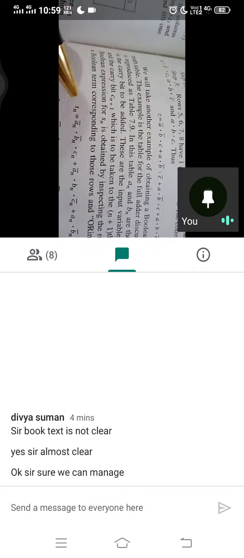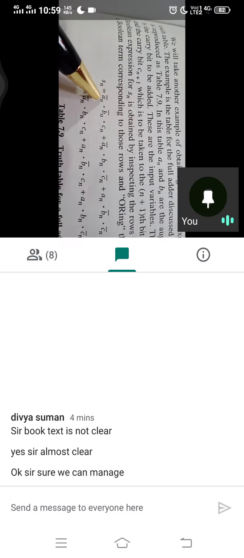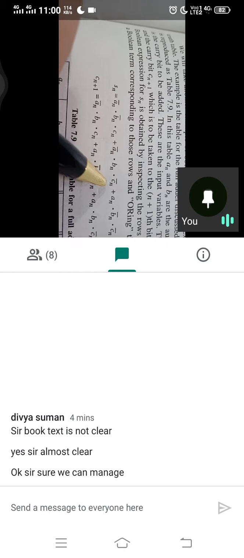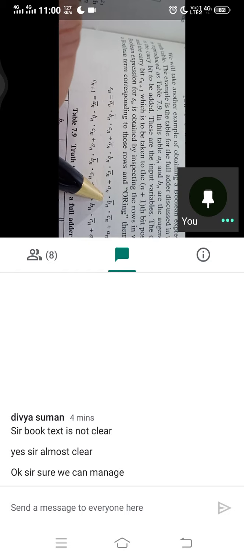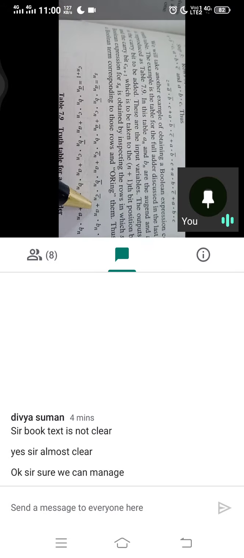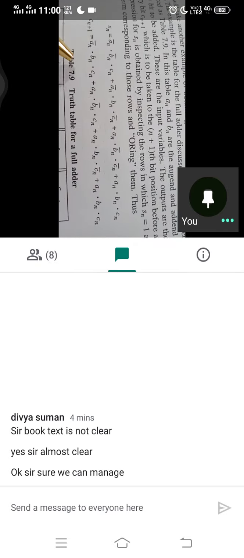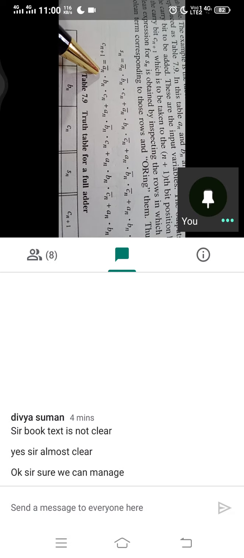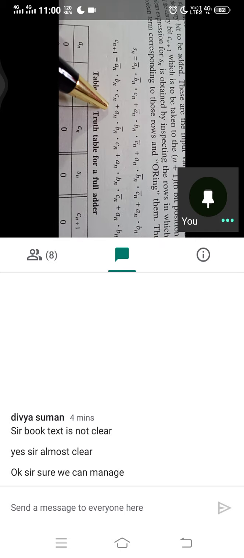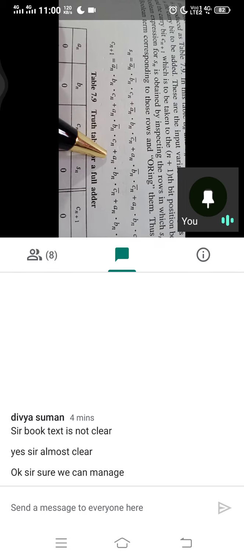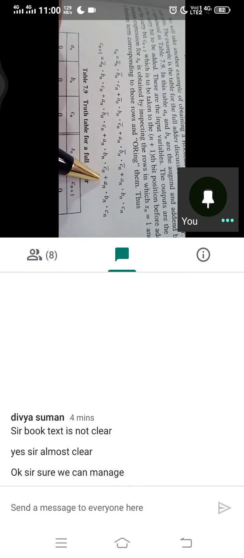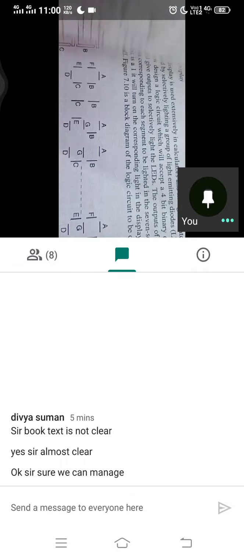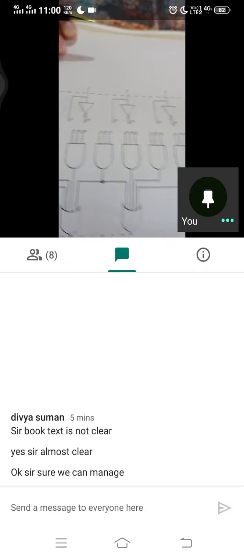See this equation. So the first OR gets A naught B naught C, A naught B C naught, A B naught C naught, A B C, and then the next one, the carry, this is for the next OR gate. We have A naught B C, A B naught C, A B C naught, A B C. So this is how it is.